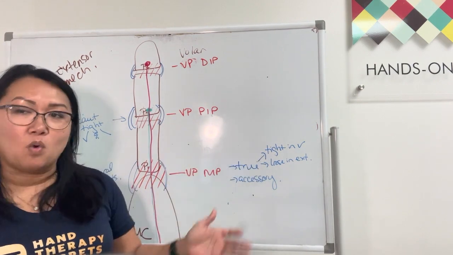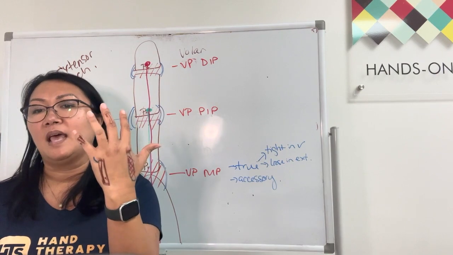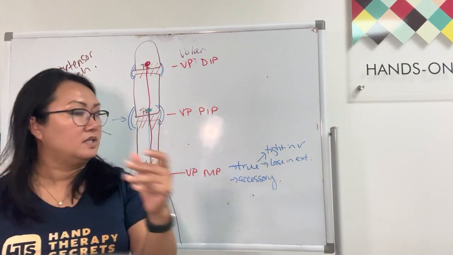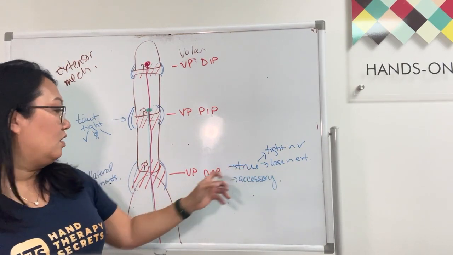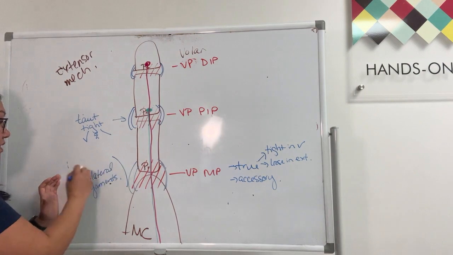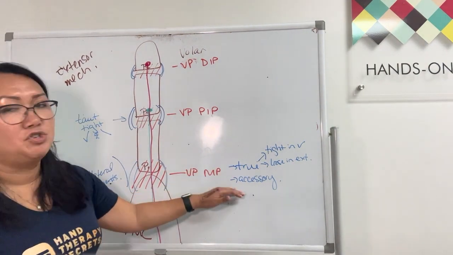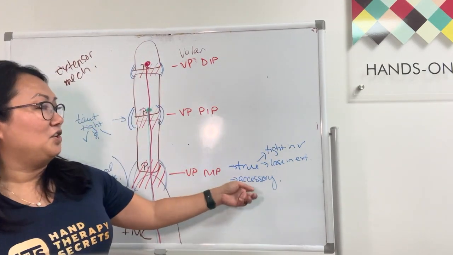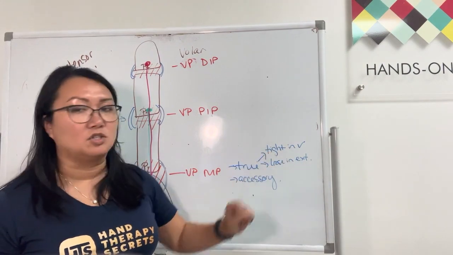So that's why anytime anything happens to the MPs, you think, how I need to put them in here, it's because of the true collateral ligament, right? Now you might have a question where it's just talking about collateral ligaments, but if they break it down into true and accessory, which sometimes they do, you know it's the true that is tight in flexion and loose in extension.